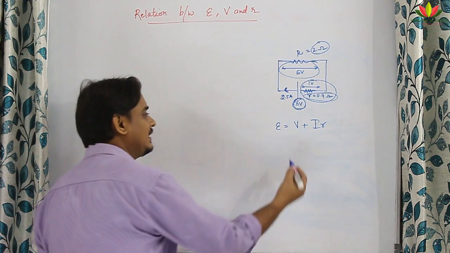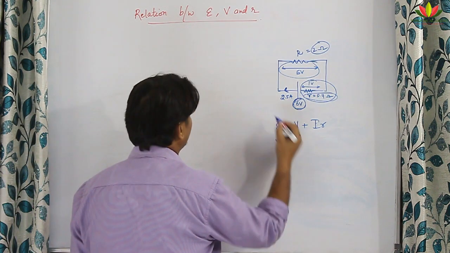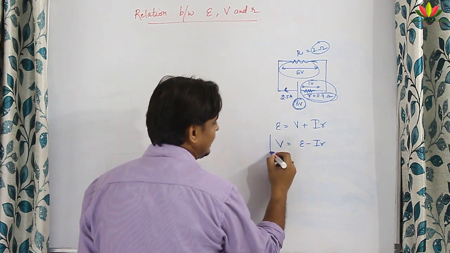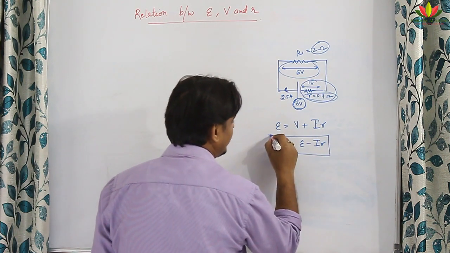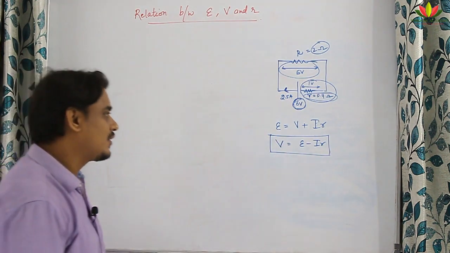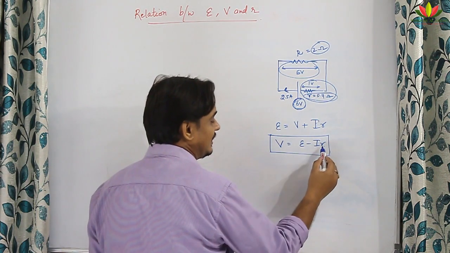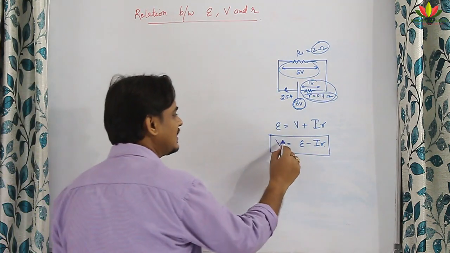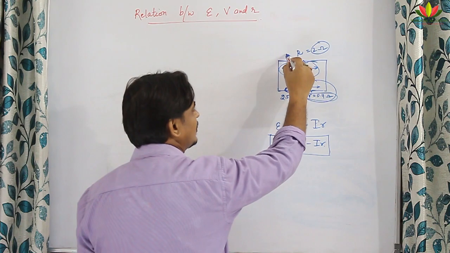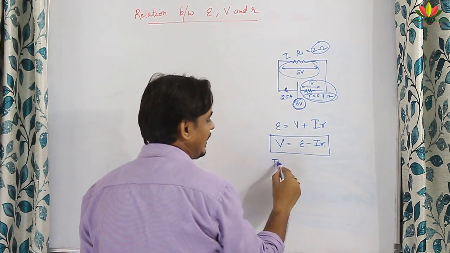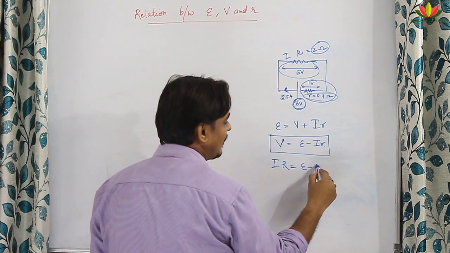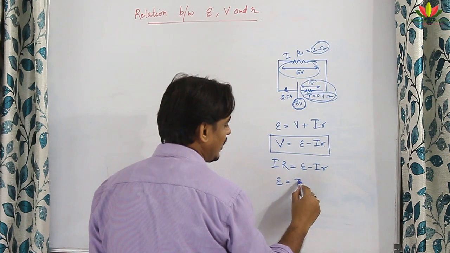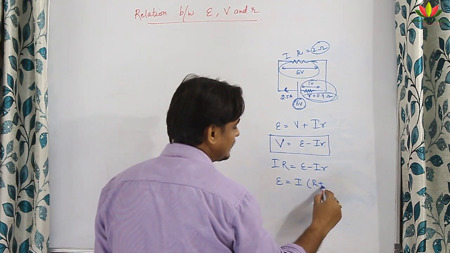So, from here I can write that terminal voltage V is equal to EMF minus Ir. This is the relationship between the terminal voltage, electromotive force and internal resistance r. V is equal to E minus Ir. V is the terminal voltage, and terminal voltage I can also write as I into R external. So, if I write I into R is equal to E minus Ir, from here I will get E is equal to I into R plus r.